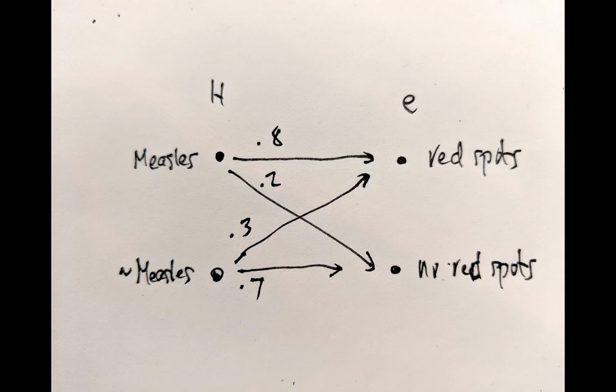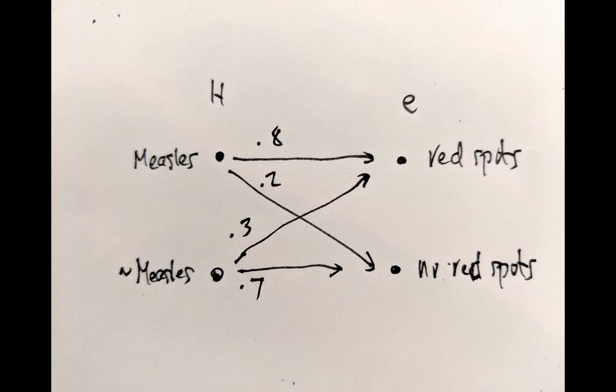There's also the case that you don't have measles. And through other research, we've learned that people can have red spots when they don't have the measles, and that happens 30% of the time overall.